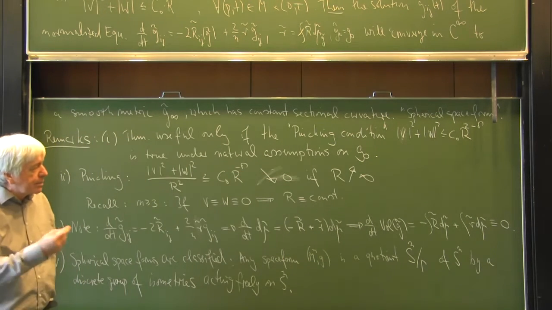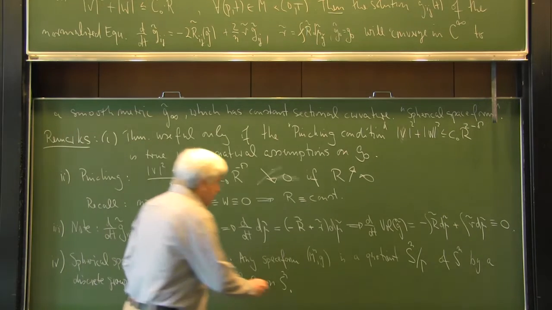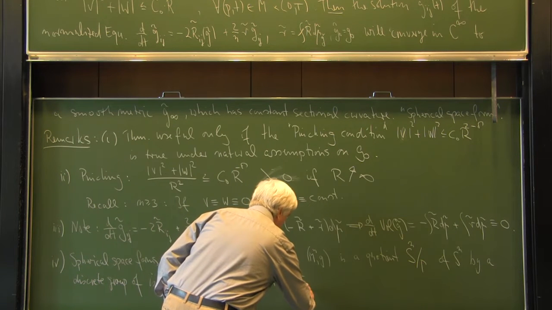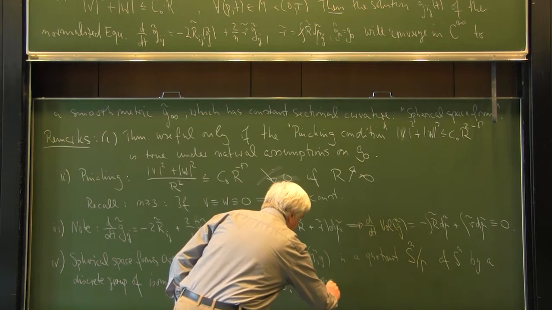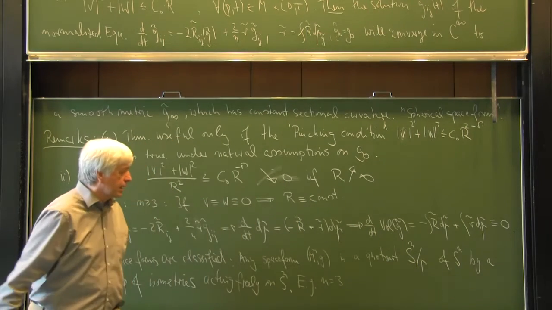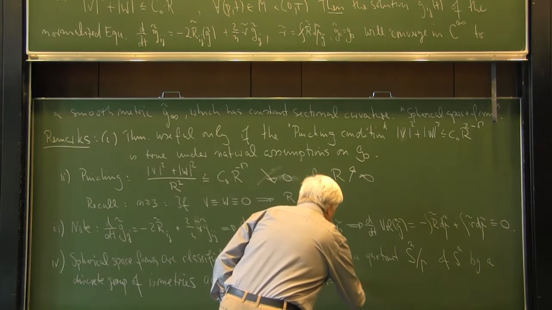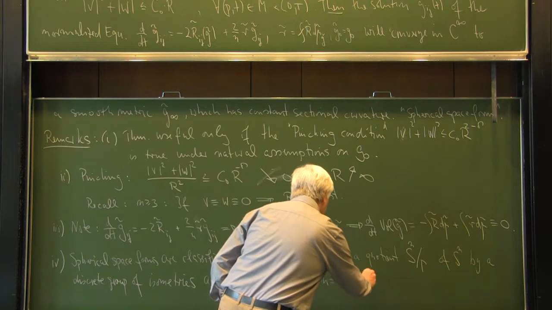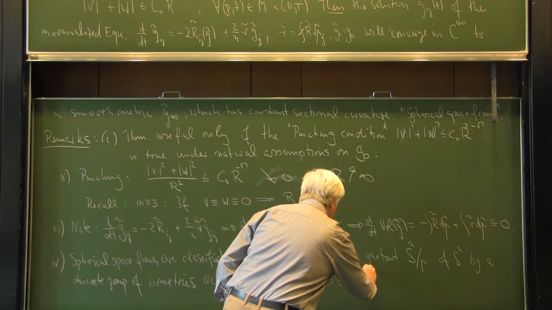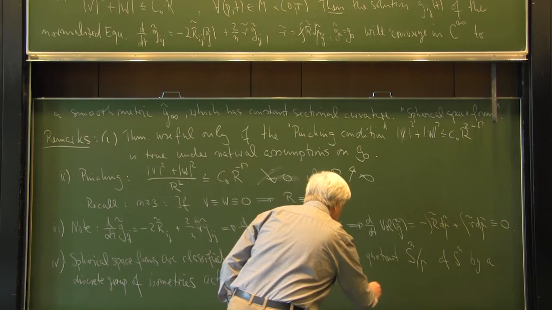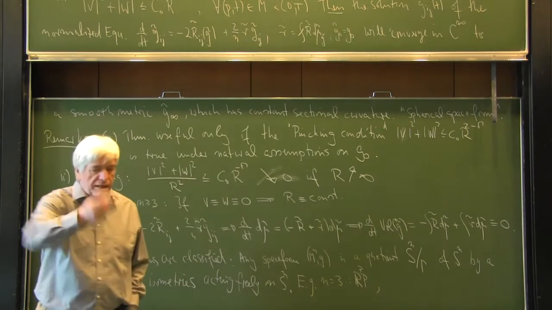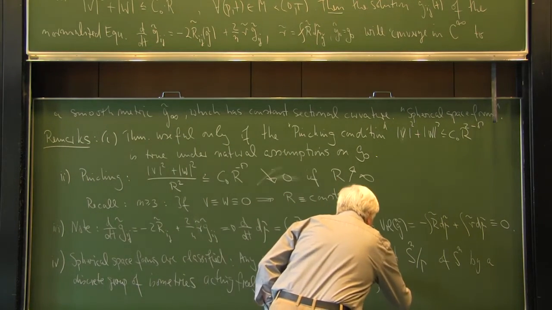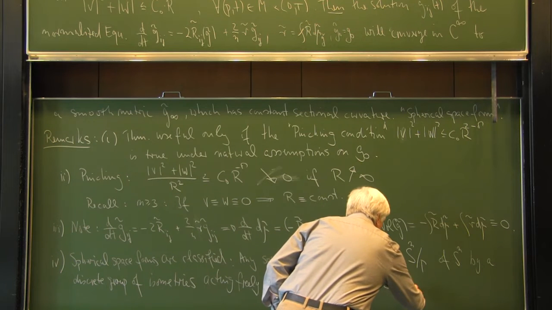And examples are, for example, in dimension 3: RP3, where the group is just Z2, and you have the antipodal map, but there are also the lens spaces with 2 parameters.